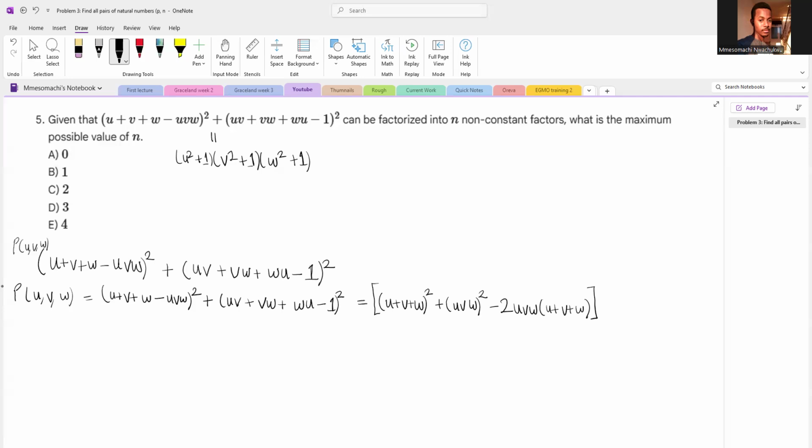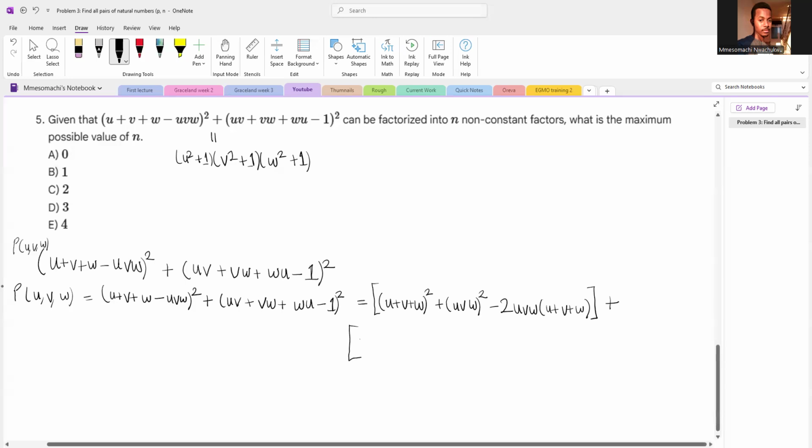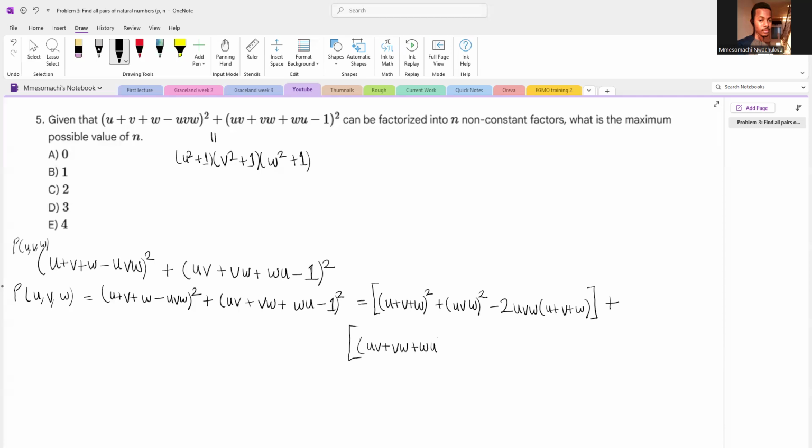Then the second bracket, I put a plus here: (uv + vw + wu)² + 1, since 1 squared is 1, and then minus 2 times 1, which is 2, into (uv + vw + wu).